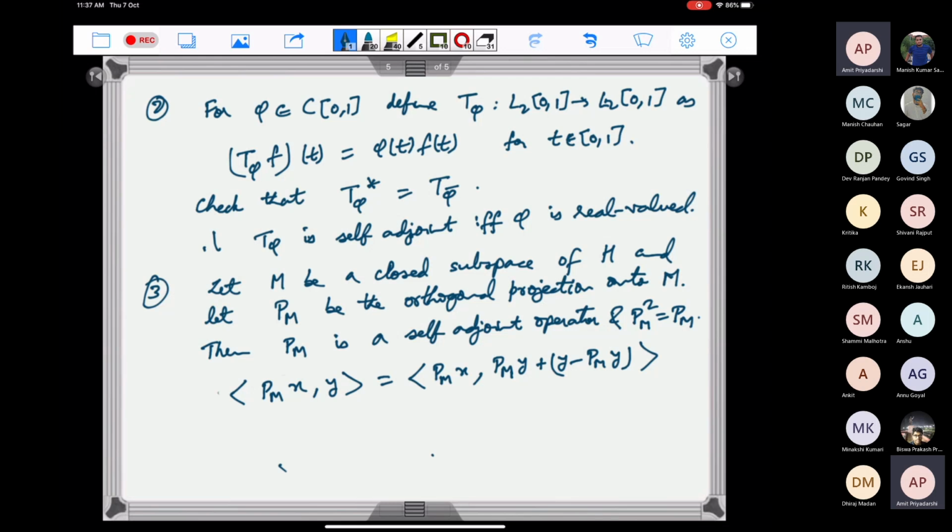Now this is equal to Pm x inner product with Pm y plus Pm x inner product with y minus Pm y. Now what we know is that Pm of x belongs to M, and we know that y minus Pm y is in the orthogonal complement M perp. So therefore this inner product is 0. So this will be equal to Pm x with Pm y.